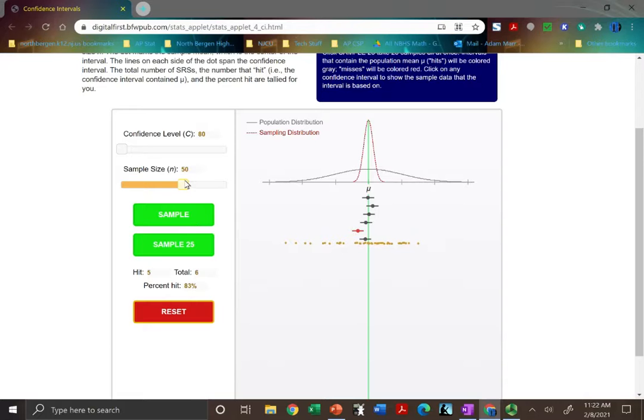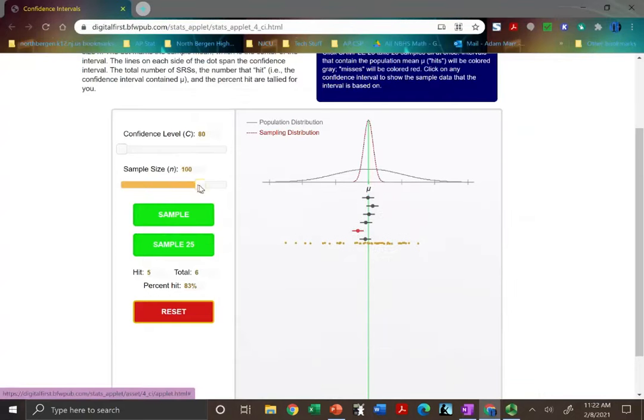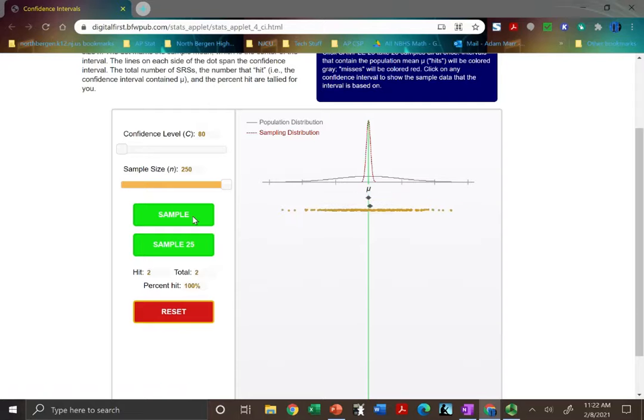All right, now, if we increase it even more, let's go up to the next one, which was, I believe, 250. And there we go. Now we're going to sample. Look how small that confidence interval is. Tiny. This is a very, very narrow interval.